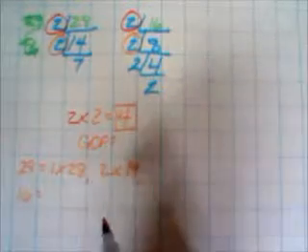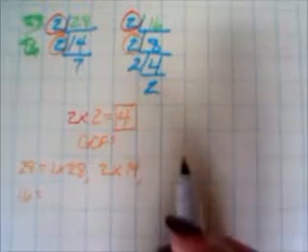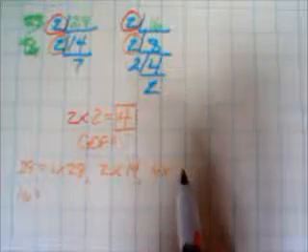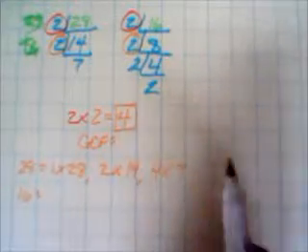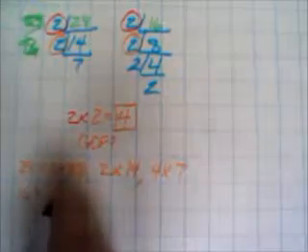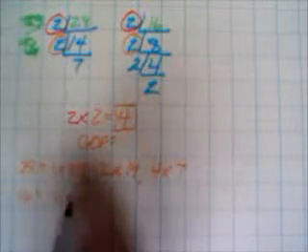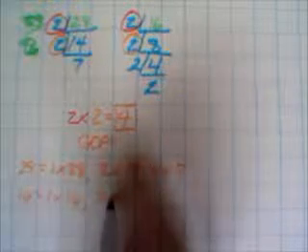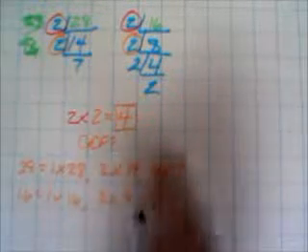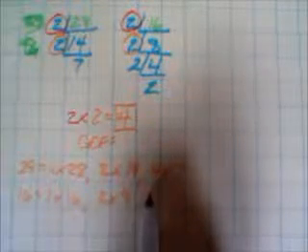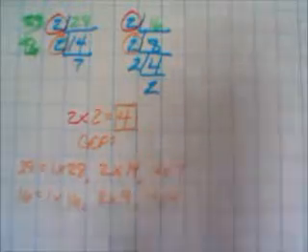I actually think we're done. Are we? No. 4 times 7. Okay. And then with 16, we're going to say 1 times 16, 2 times 8, and 4 times 4.